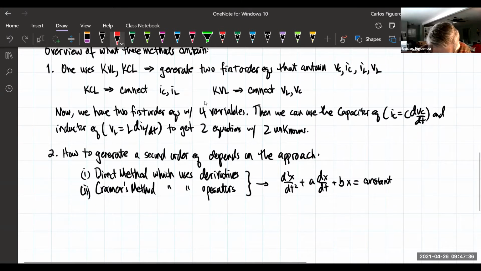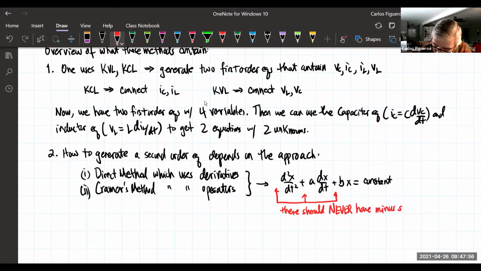You should never, ever have an equation with minus signs. There should always be a constant. Now, the constant on the right could be negative, but not this guy right here.